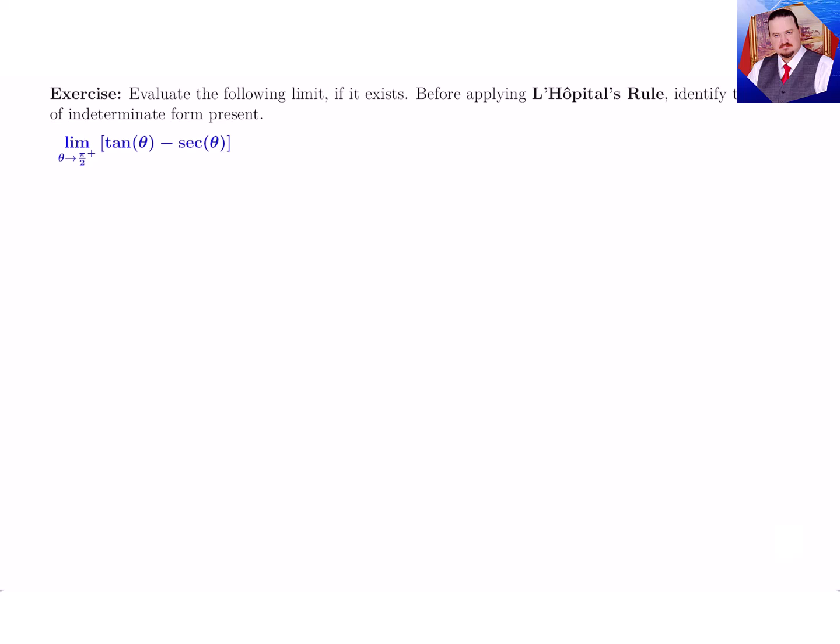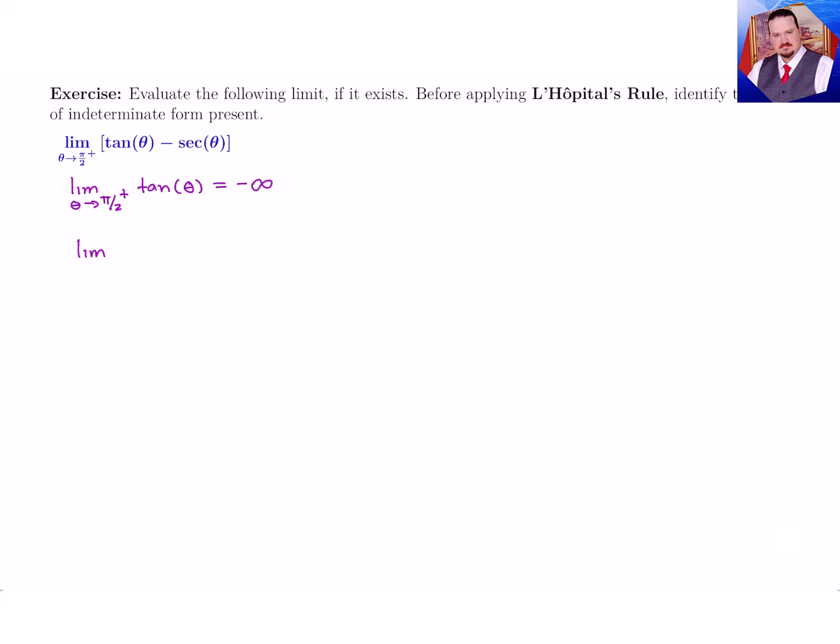So what do we have when we consider our two functions separately? We have the limit as theta goes to pi halves from the right of tangent theta, and if you recall your graph there, what do we recall? That should go to minus infinity.